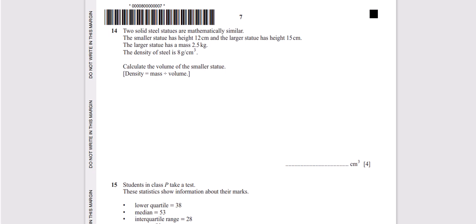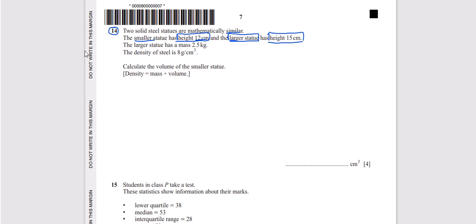Question number 14. Two solid steel statues are mathematically similar. The smaller statue has height 12 centimeters and the larger statue has height 15 centimeters.